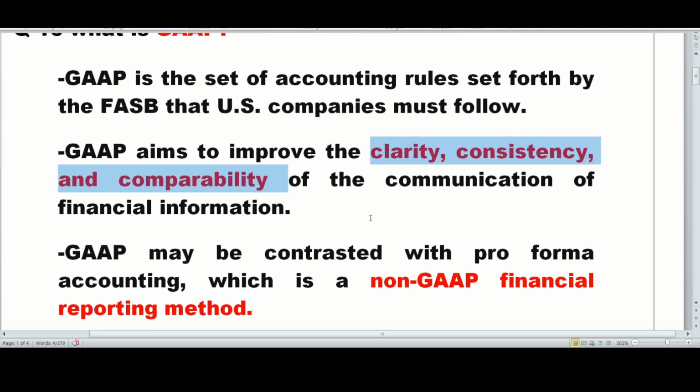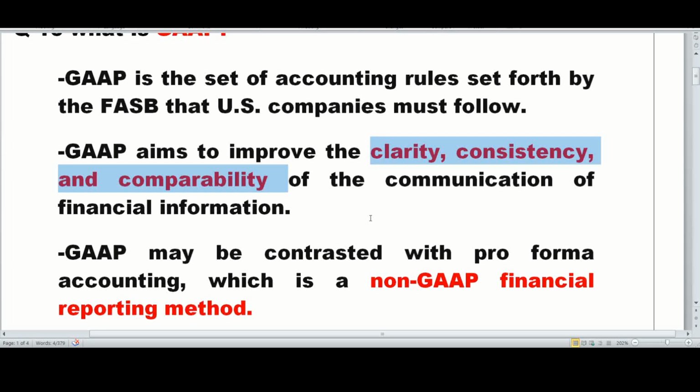Suppose, say, depreciation. There are various depreciation methods. If an enterprise is following a particular method, say the written down value method, then it has to be followed every year. If there is a change in method, it should be reported and its effect on profit must be reported.